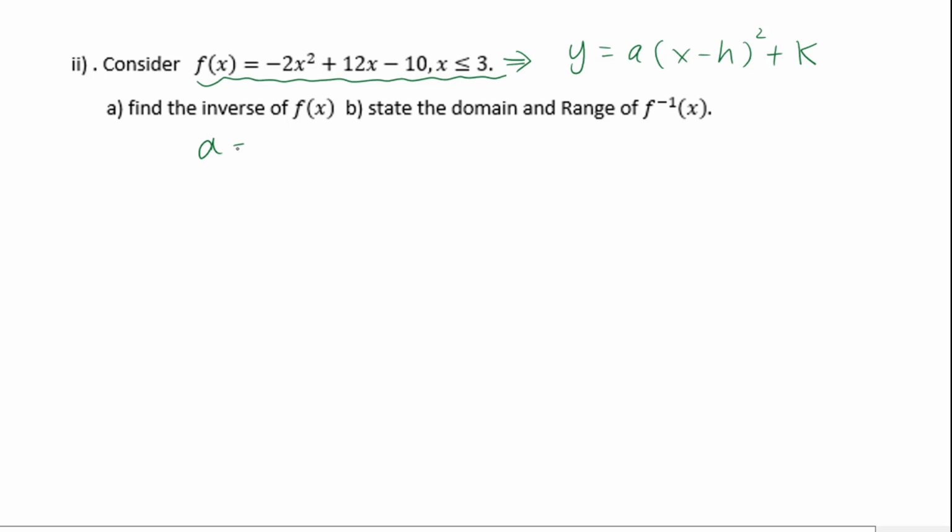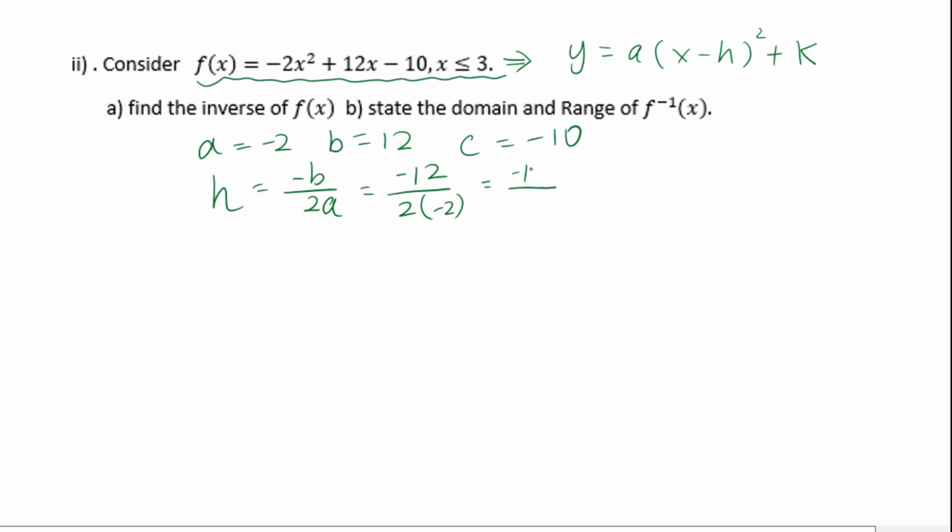We know that a equals negative 2, b equals 12, c equals negative 10. For h equals negative b over 2a, so you get negative 12 over 2 times negative 2, that equals negative 12 over negative 4 equals 3.